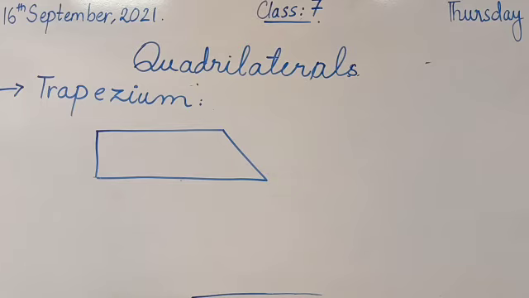We can't say all sides are equal, we cannot say opposite sides are equal, we cannot say angles are equal or opposite angles are equal. We can't say about diagonals whether they bisect each other or not. But there is only one property which must be followed, which is parallel sides.